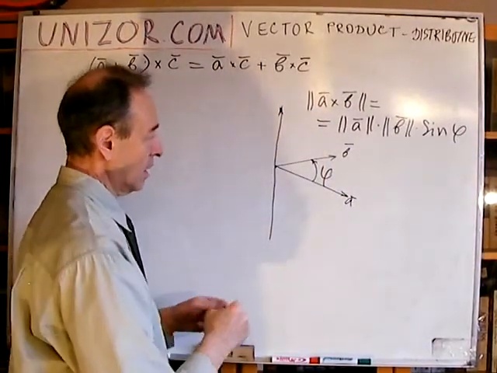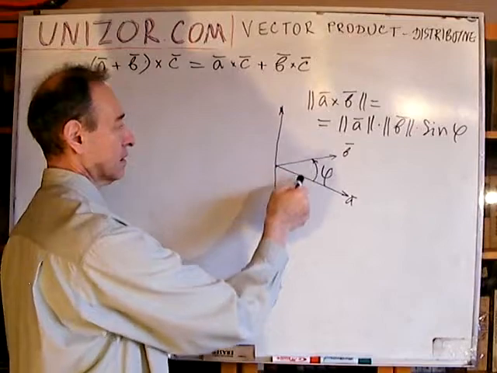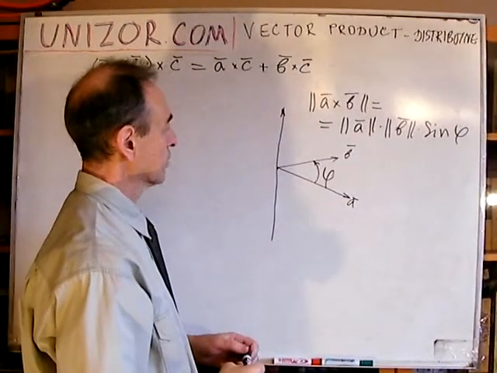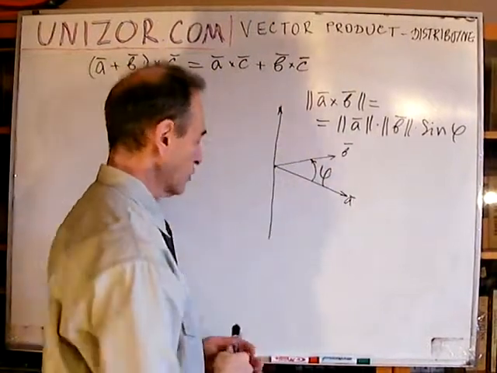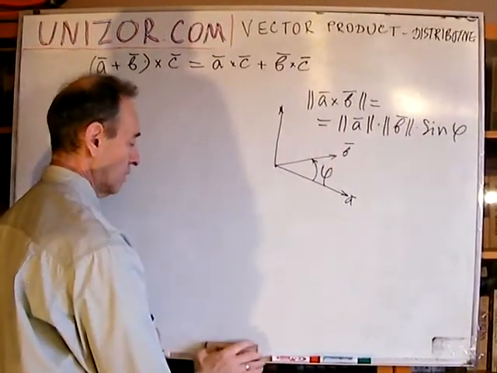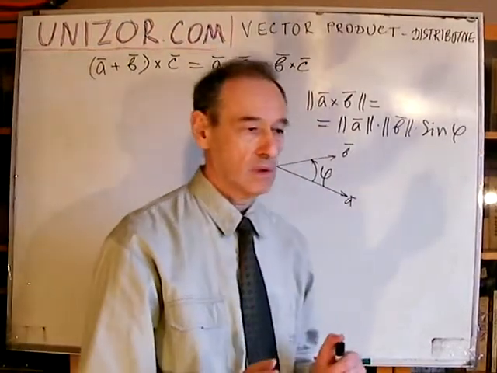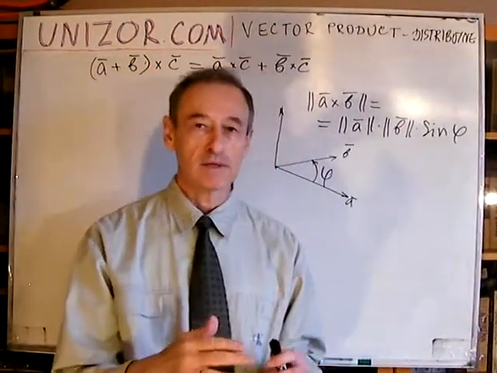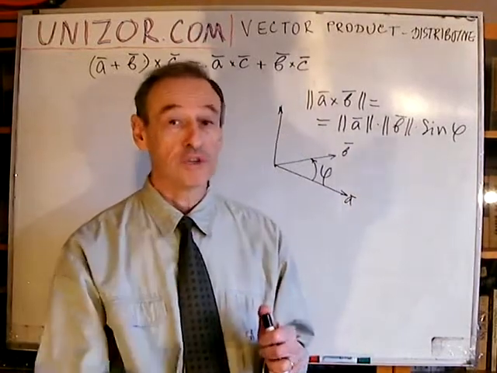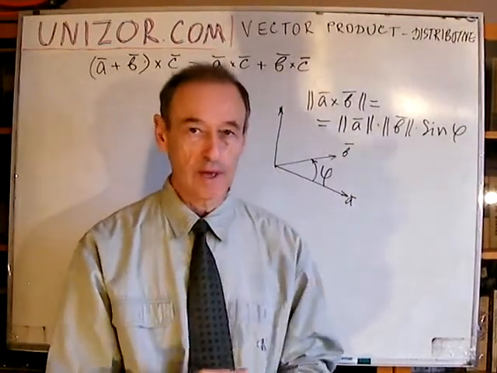I mean, there is always an opposite angle, but I'm talking about the smaller angle, less than 180 degrees. So that's the definition. Again, I'm emphasizing it's a geometrical definition, not the coordinate form, which will be addressed later.